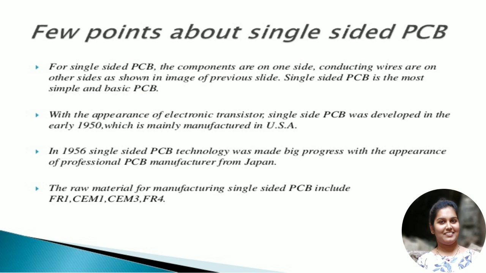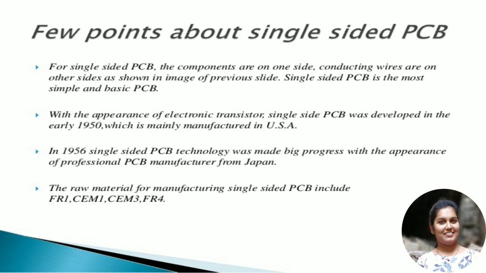With the appearance of electronic transistors, single sided PCBs were developed in the 1950s. These were first mainly manufactured in the USA. In 1956, single sided PCB technology made big progress with the appearance of a professional PCB manufacturer from Japan.